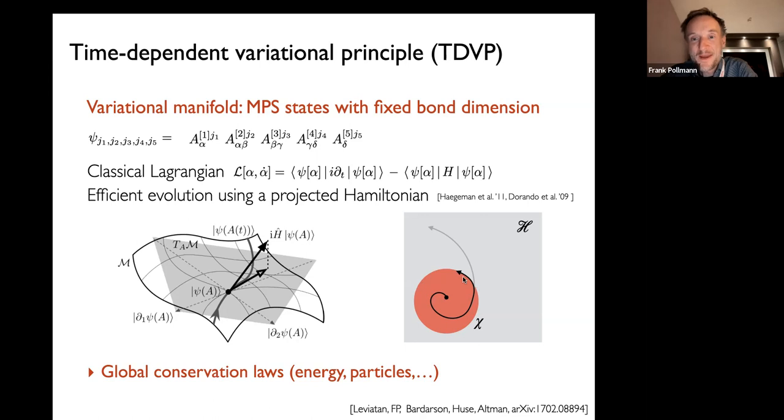If I'm following this trajectory, the effective classical Lagrangian that I'm simulating has actually the same global conservation laws, such as energy, particles, etc. So a hopeful but not really justified expectation could be that it's now a classical system which has the same global conservation laws as your quantum mechanical system has.